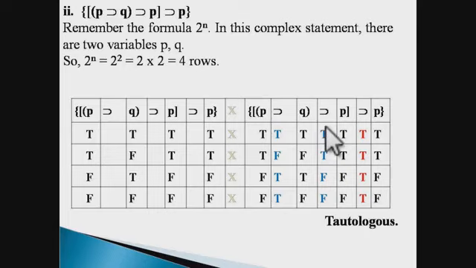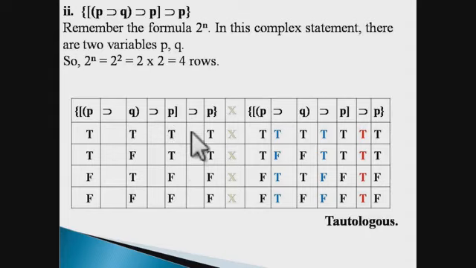So now you need to combine the values of this parenthesis, which is this, and this P to get this. Get it clearly. You combine these values and these values to get values for this. But when you want to get values for this, you have to combine the values under this connective and this P to get the values for this.